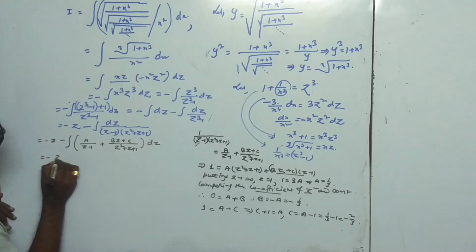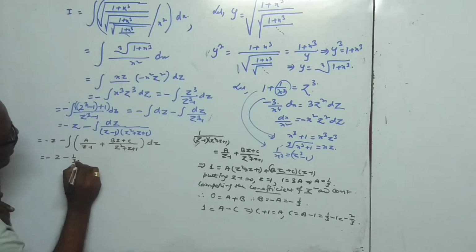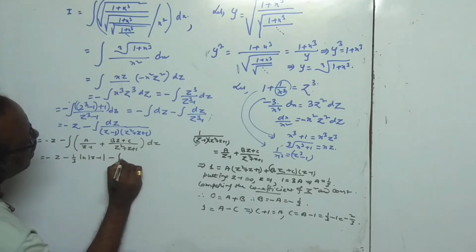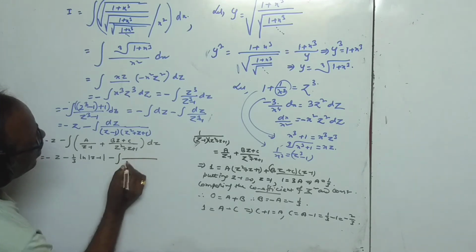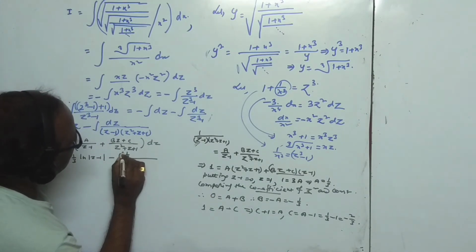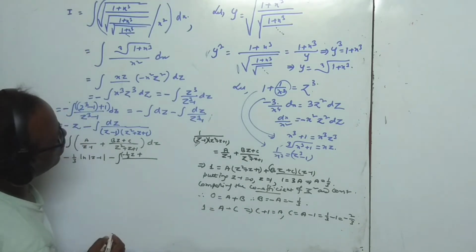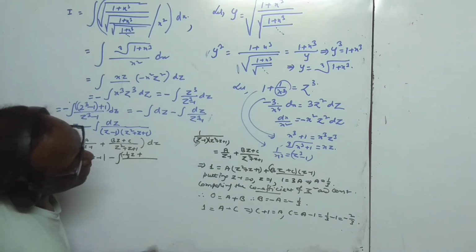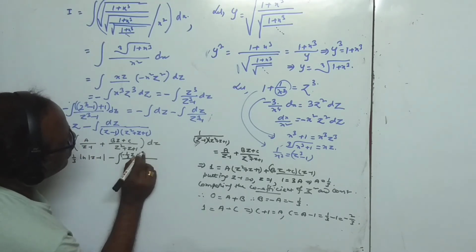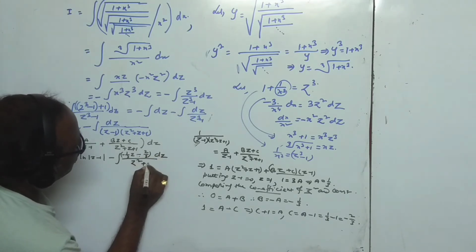Okay, now minus z minus, a means that is 1/3, 1/3 dz by z minus 1, that is ln of z minus 1, minus integral of bz plus c: b means here is minus 1/3, so that is minus 1/3 z, plus c means that is minus 2/3. b here is minus 1/3, and c is here minus 2/3, so minus 2/3 here, and dz by z square plus z plus 1.